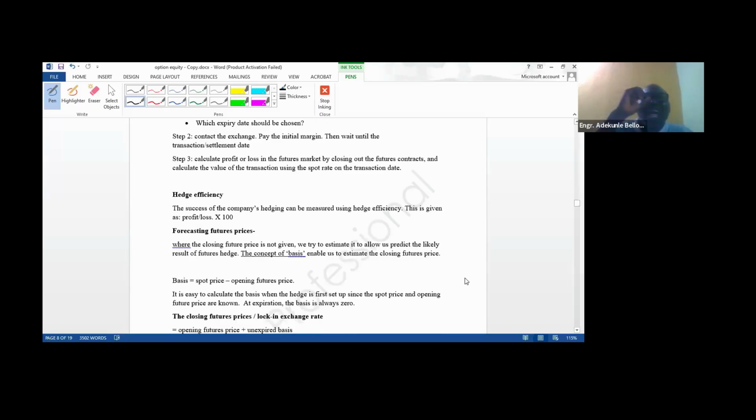For you to determine the profit or loss by closing out the futures contracts, there must be an opening futures price and a closing futures price.